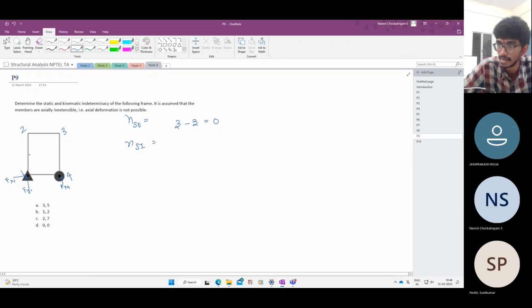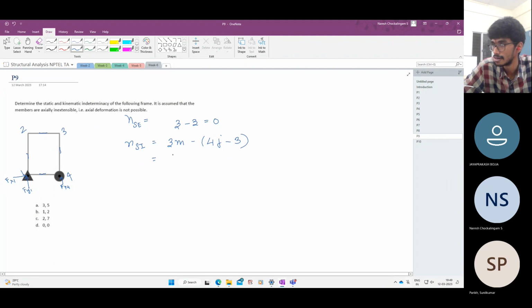So how many members do we have? This is one member, this is one member, this is one member, this is one member. So in each of these members there are 3 unknown forces. So there are 3n. And how many joints do we have? 4 joints. And at each joint there are 3 equilibrium equations. So this is equal to 3n minus 3j minus 3.